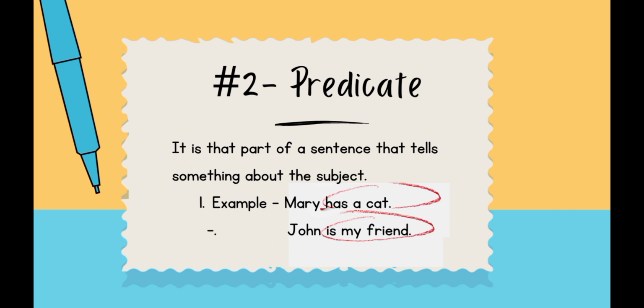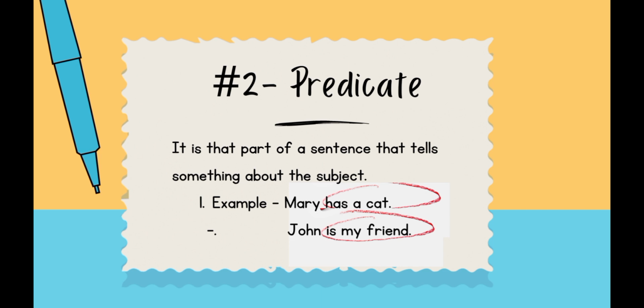So the second structure of a sentence is predicate. It is that part of a sentence that tells something about the subject. Example, Mary has a cat.